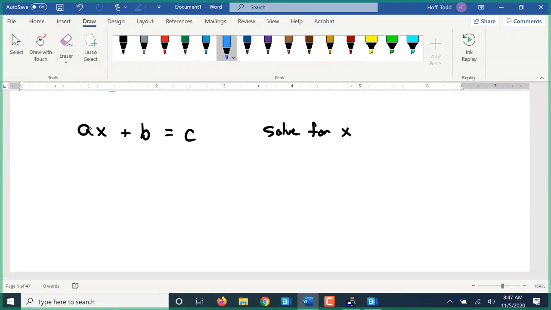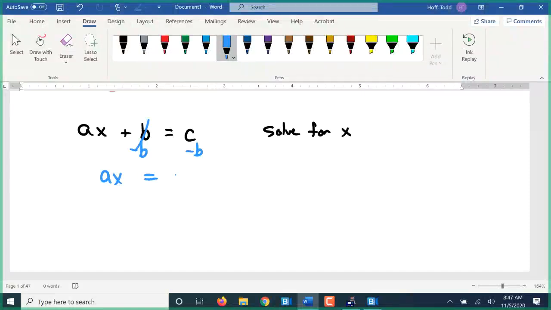X here has been multiplied by A, and then B was added to it. So we're going to subtract B. So that B is gone. The only difference is on the right side, B and C are not numbers, so I can't combine them like I have been.